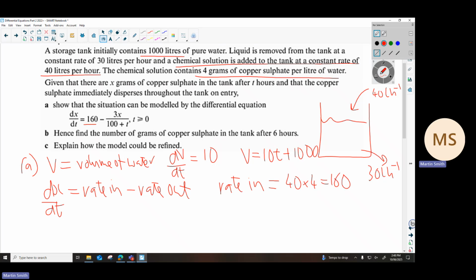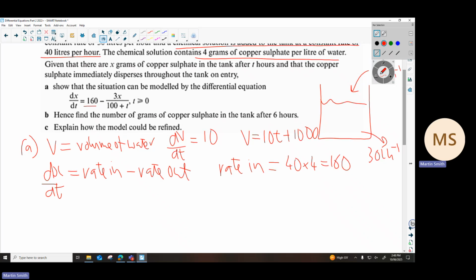The rate out is a little bit more complicated because the liquid flowing out will contain some copper sulfate in it, but the amount of copper sulfate is going to change as the process continues. I'm going to use an argument based on concentration. So I claim the following is true.